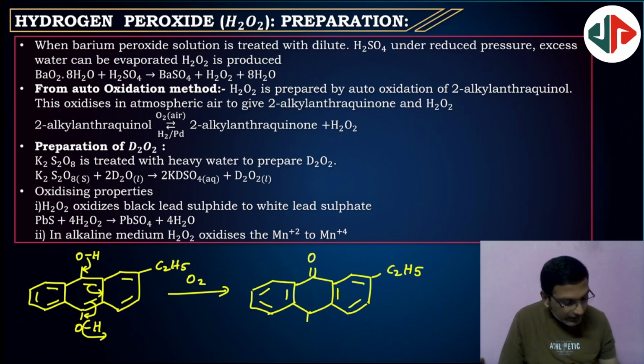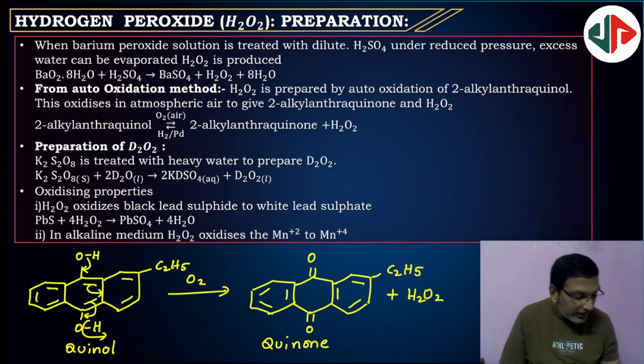Double bond O and double bond. The first one is the quinol form, the next one is the quinone form, the ketone form, plus here H2O2. The first process, the forward reaction, is oxidation.